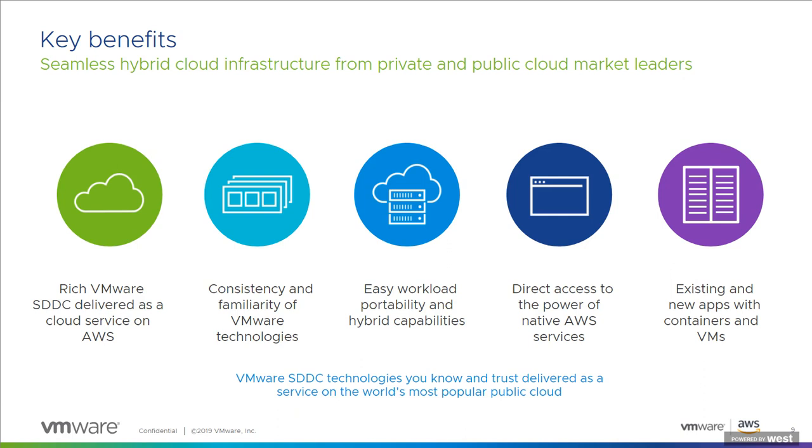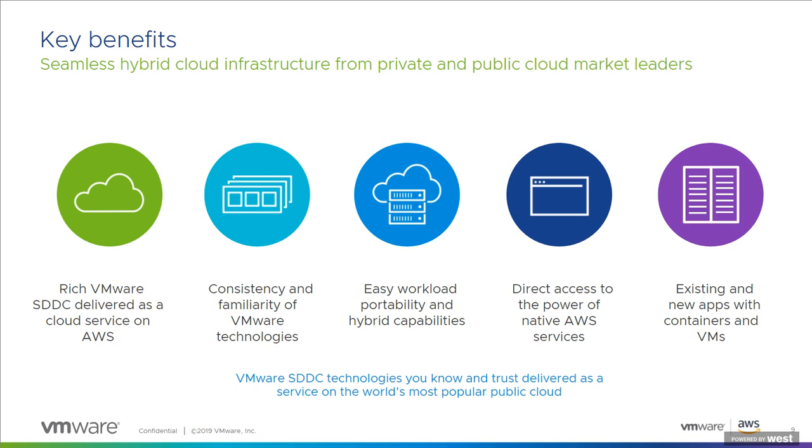So the key benefit of VMware Cloud on AWS is the seamless hybrid infrastructure from private and public cloud market leaders. With VMware Cloud on AWS, you'll enjoy the rich VMware software-defined data center delivered as a cloud service on AWS's hardware. With this, you have the consistency and familiarity of VMware technologies.